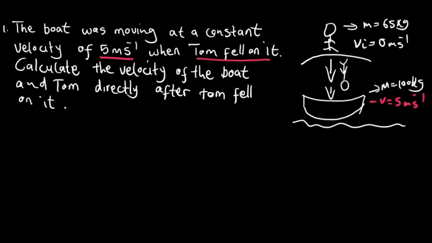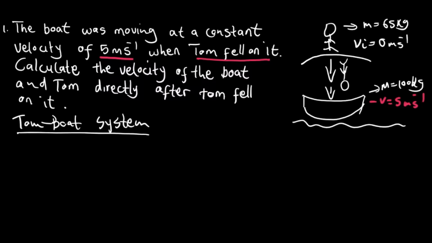So now calculate the velocity of the boat and Tom directly after Tom fell on it. So what you need to note is, okay, fine, we now focus on the Tom and boat system, right?